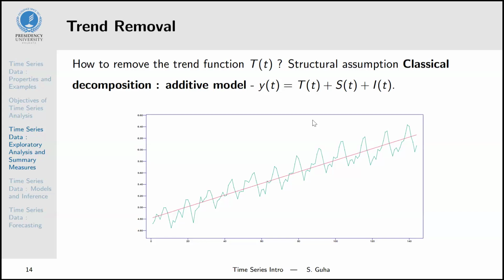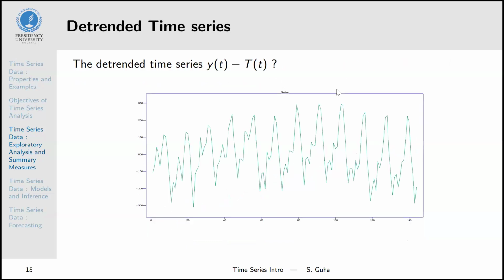Now, in this case, the additive model is satisfied. So if I get the trend value and want to remove it, I have to take this TT to the left hand side and subtract it from the YT, and that should give me the seasonal part and the irregular component part. Can you see that after removing the trend part from this data, which we call the detrended time series, it looks like this?